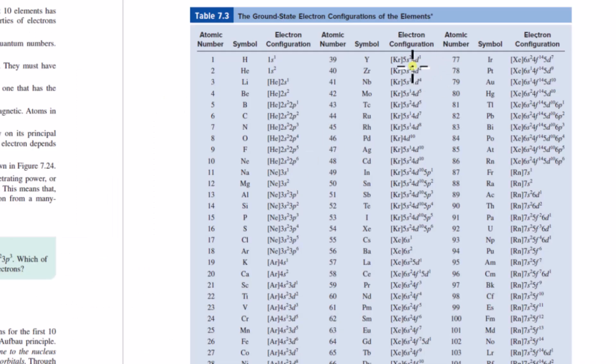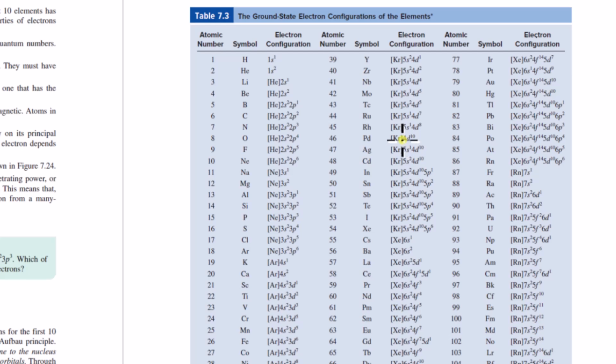So let's see. Here's yttrium, 5s2 4d1, that's normal. 5s2 4d2, okay. But now look, 5s1 4d4, that's different, right? For the first transition metal series, we stayed with 4s2 3d3, 4s2 3d4, or no, then we did 4s1 3d5. So this is different. And then look here, for palladium, they don't even fill the 5s subshell.